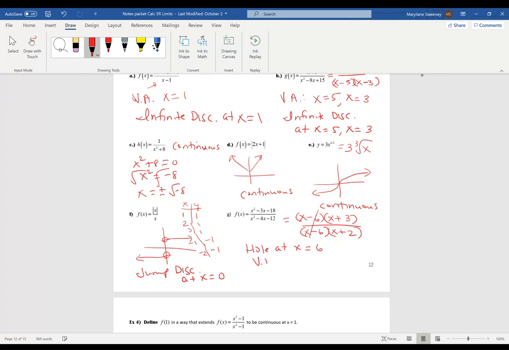I have a vertical asymptote at x equals negative 2. So it's removable discontinuity at x equals 6, and it's infinite discontinuity at x equals negative 2.